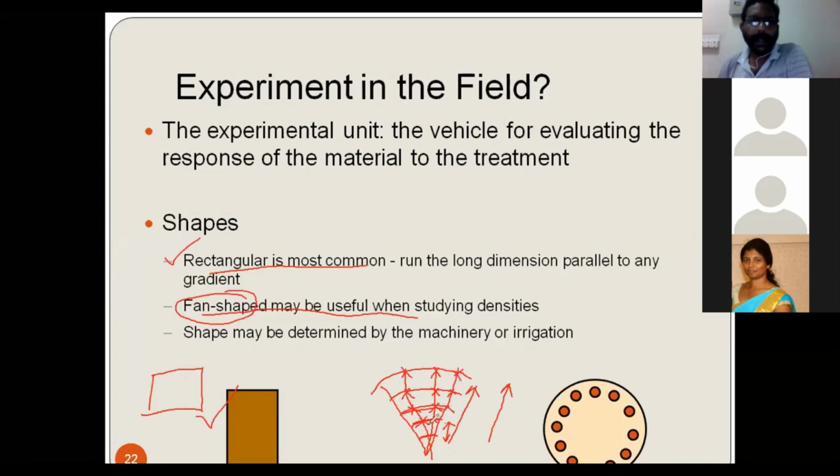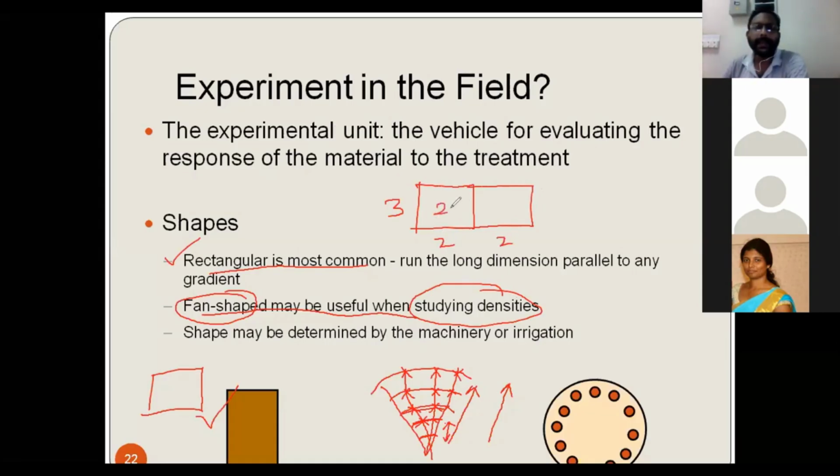So what is the use of this kind of design? Studying the density. Somebody said density. Let's say, for example, this plot and this plot are the same size. Here I am planting 20 plants in the same space. Here I am planting 30.